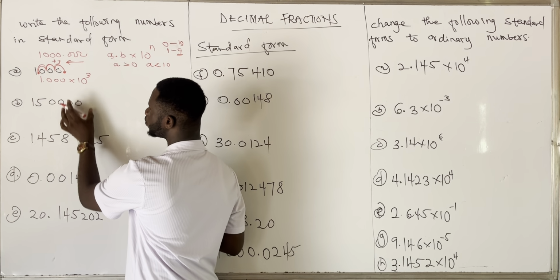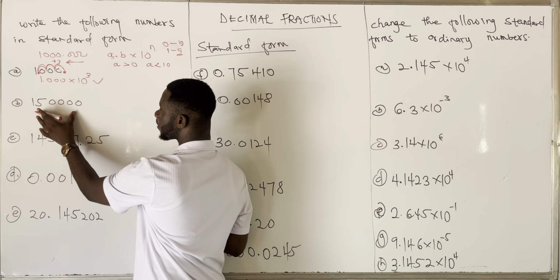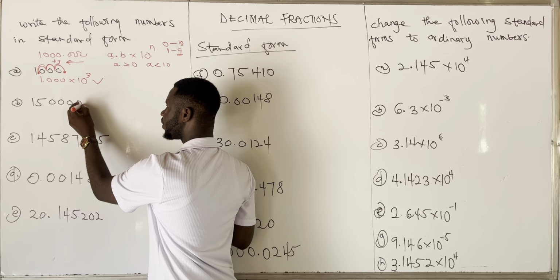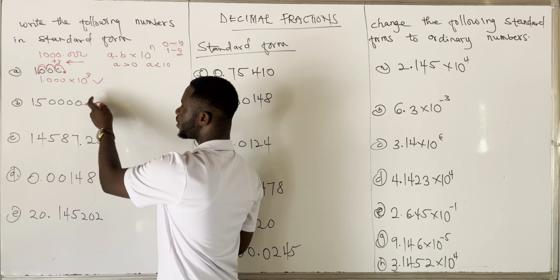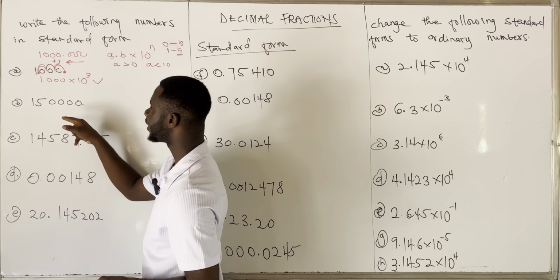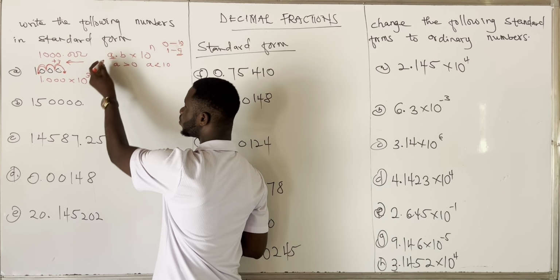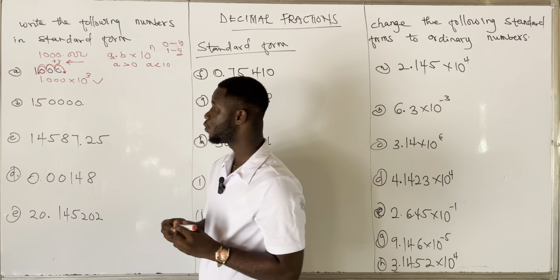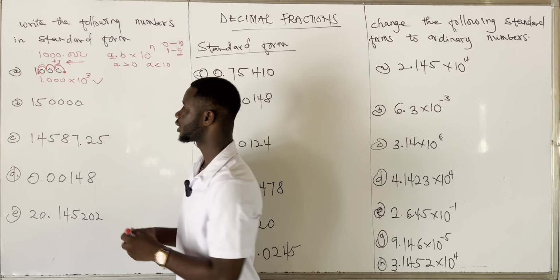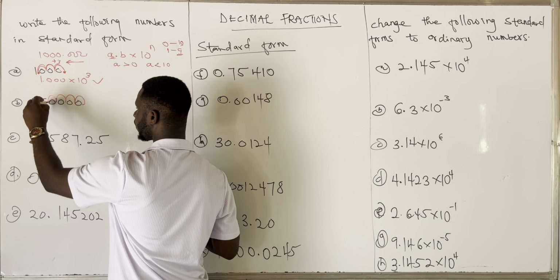So this one is done. Let's look at the number 2. The number 2 is similar to the first one. There is no point in it, which means we have the point over here, 0.00000. Now let's move this point to where we can get the a to be less than 10. So let's see, 1, 2, 3, 4, 5.